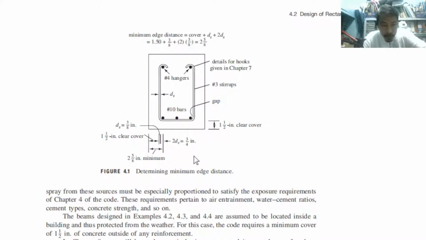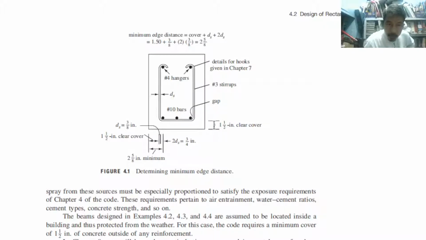So this is how to compute the clear cover. You have to determine the distance from the center of the edge reinforcement up to the edge of the concrete. So the clear cover is 1.5.